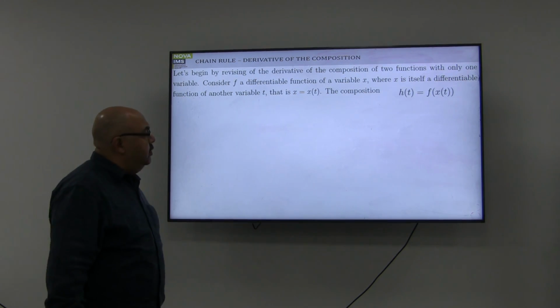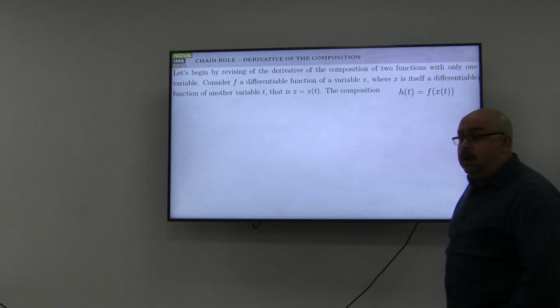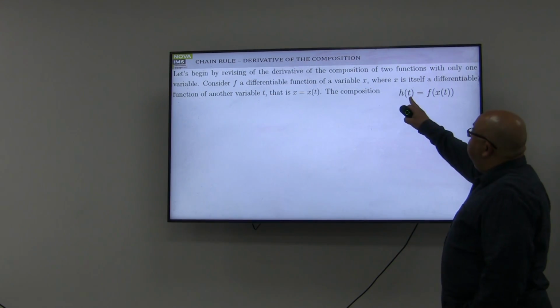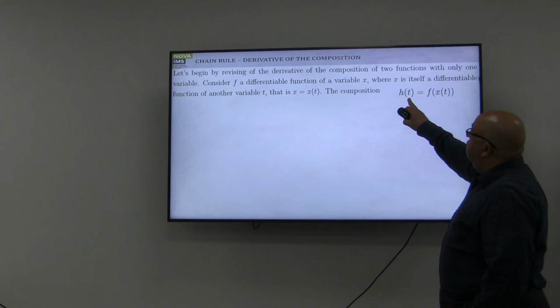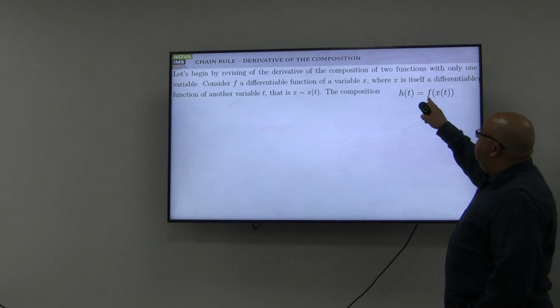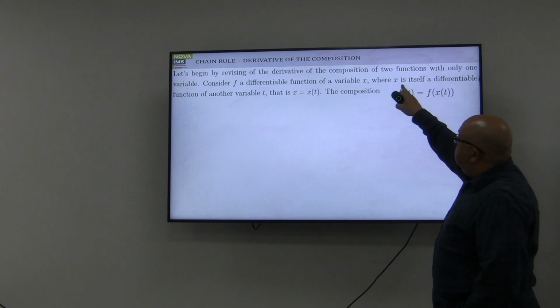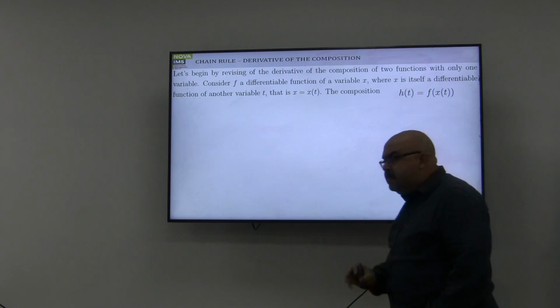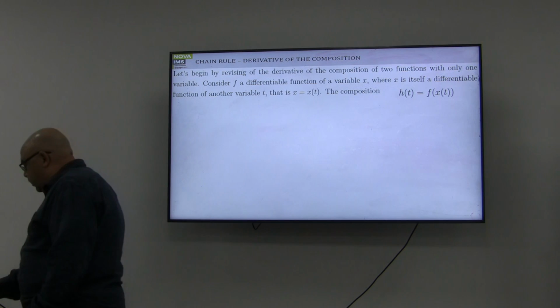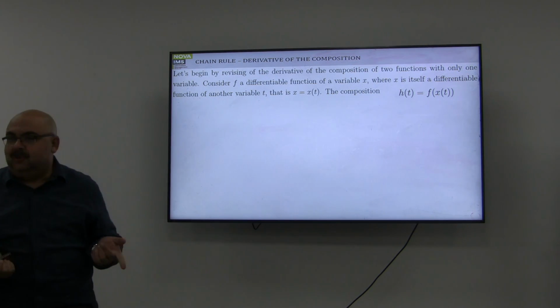As I was telling you, the chain rule is a really very simple rule. It's usually applicable if you have a function like h, which is a composite function, which means f composite x, and I need to differentiate h with respect to t. The name came from the chain reaction that you will see.